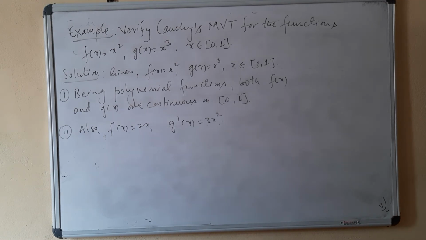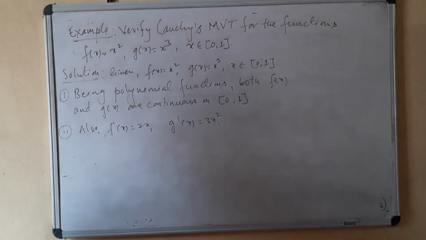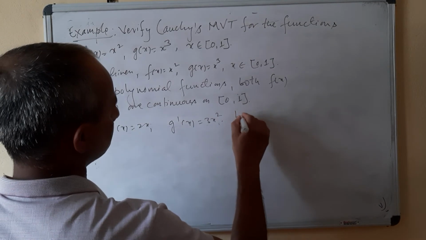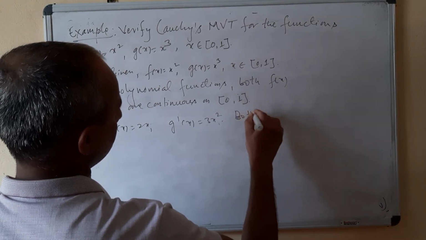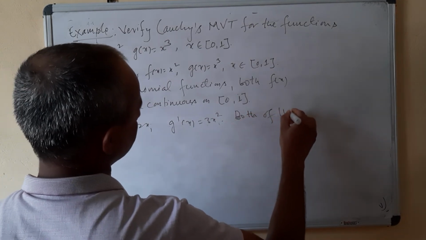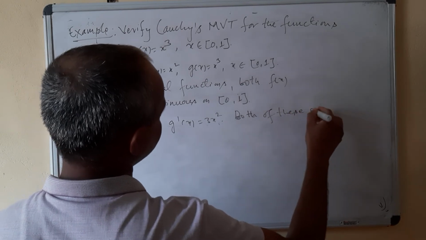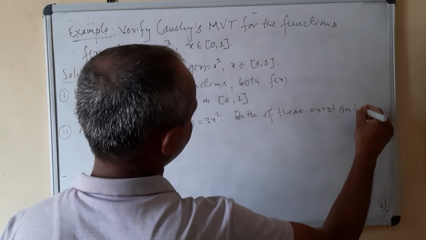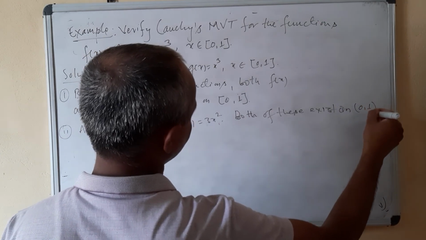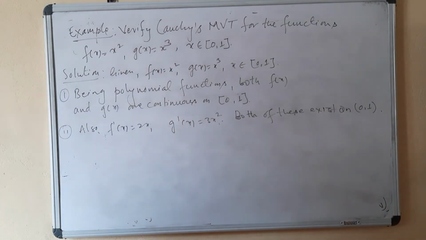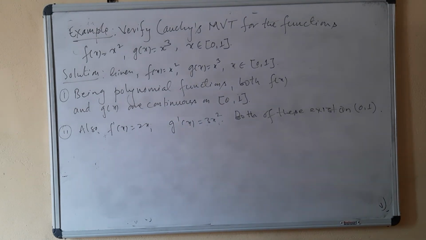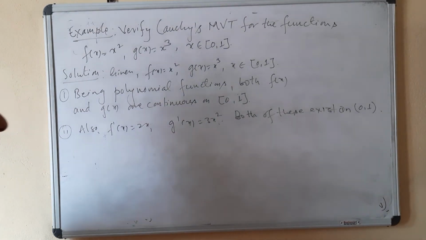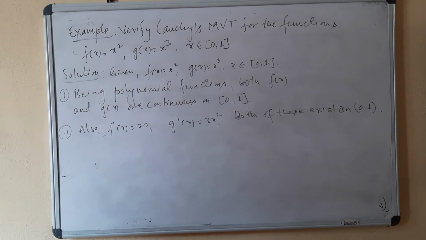So f of x and g of x are differentiable on open interval 0, 1. It means both hypotheses of Cauchy's mean value theorem are satisfied.